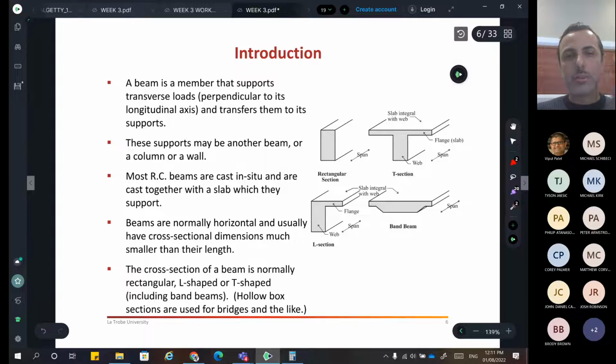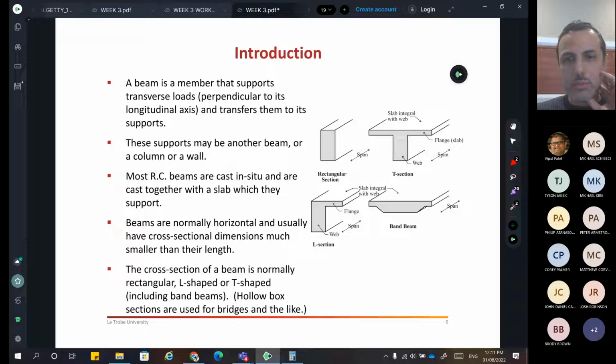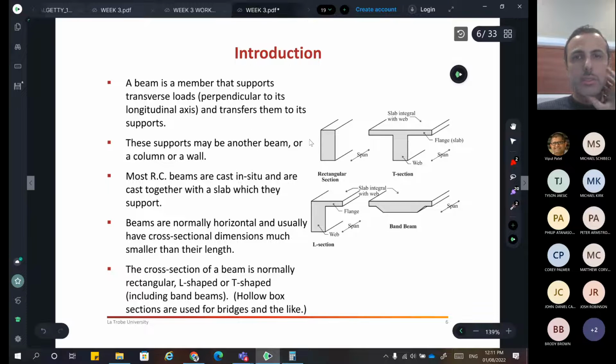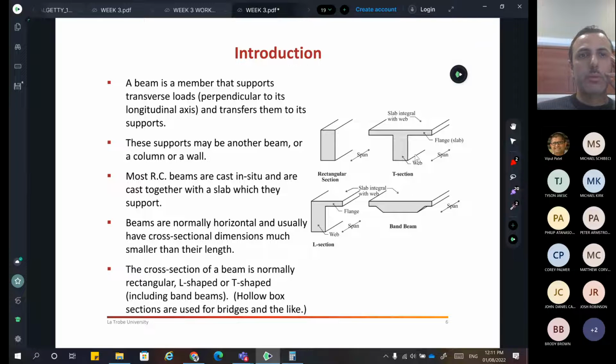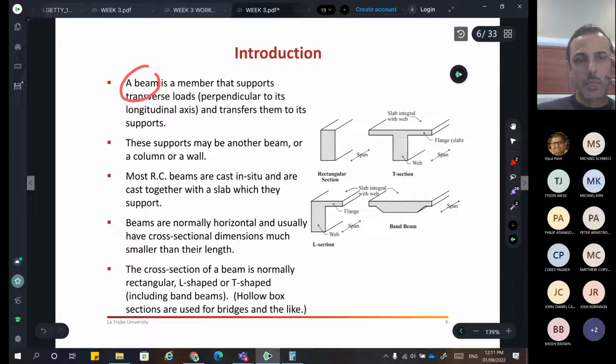So before we get into the formulas, we cannot just jump in. You're going to be professional engineers where you need to know the theory and link it with formula and then application. So we have to go through some general introductions and discussions. The topic is designing reinforced concrete sections, and today we're going to be talking about designing beams.